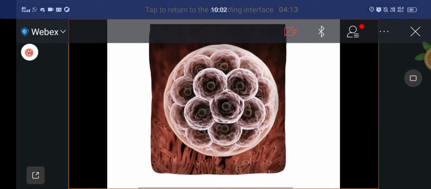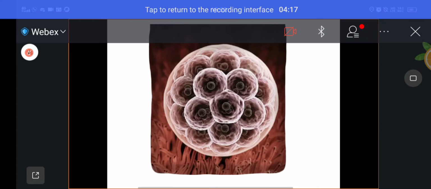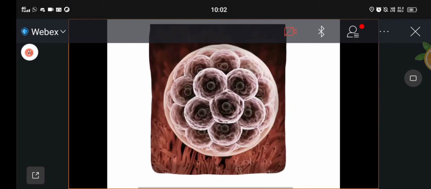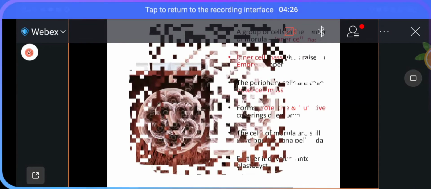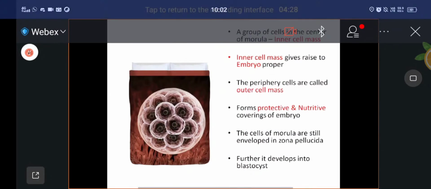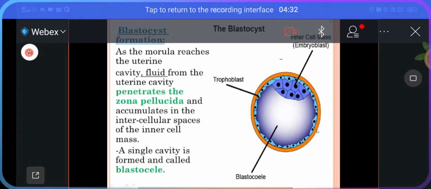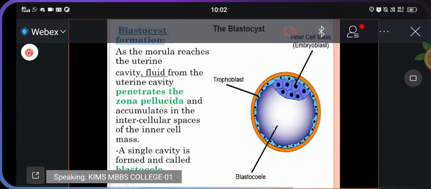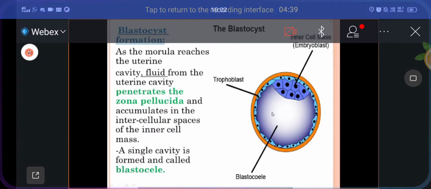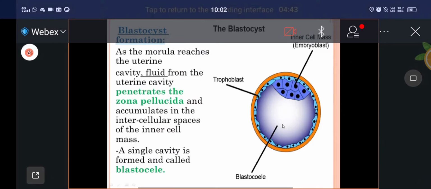The intercellular spaces will be filled with this extracellular fluid, so that the inner cell mass will be pushed to a side, and next the outer cell mass will be created. Here in this diagram you can see that the intercellular spaces are filled with this fluid, the inner cell mass is pushed to a side, and next a cavity is formed over here.